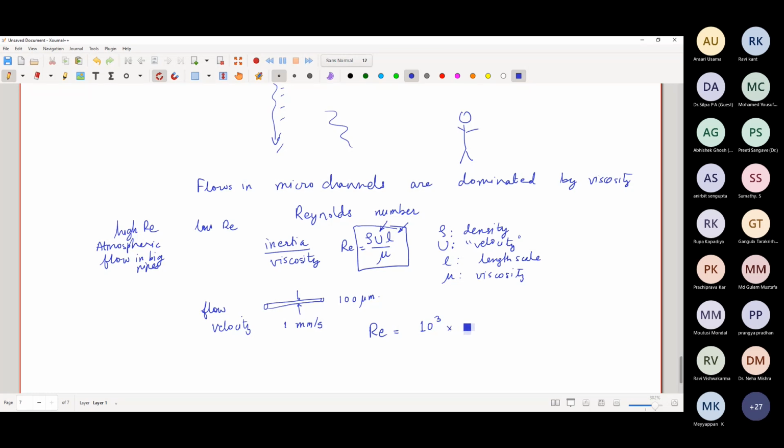So 1 millimeter per second, if I convert into meter per second, it will be how much? 1 millimeter per second is how many meters per second?